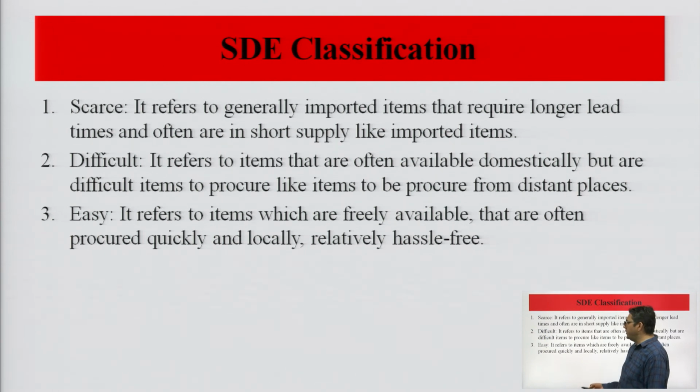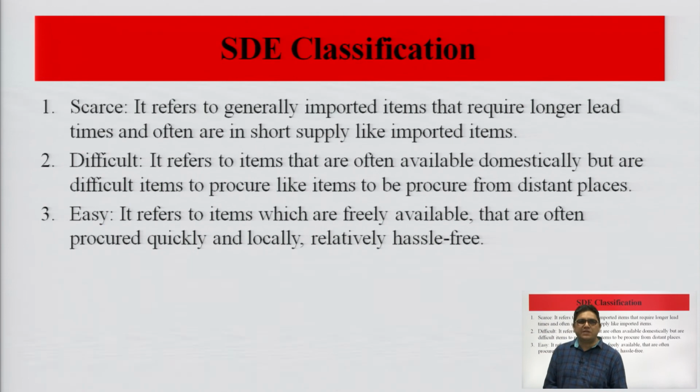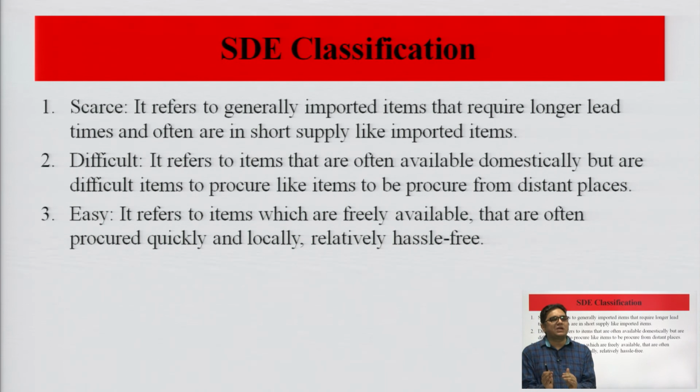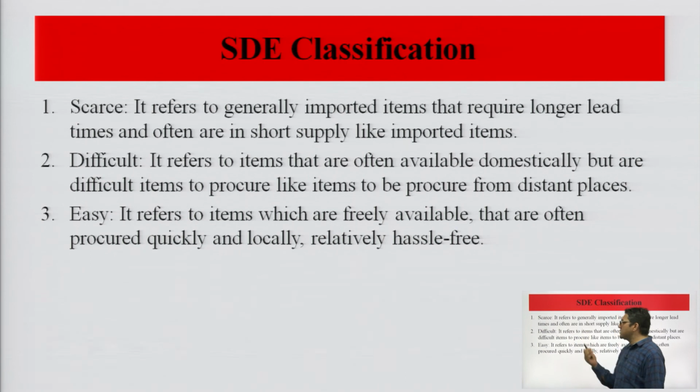Next, it is about the easy items. There is no difficulty, availability is very common, anybody can purchase them, and in as much quantity as they prefer. So this SD classification is based on supply. It is related to which items are easy to supply and which are difficult to supply, and then we classify each of them.